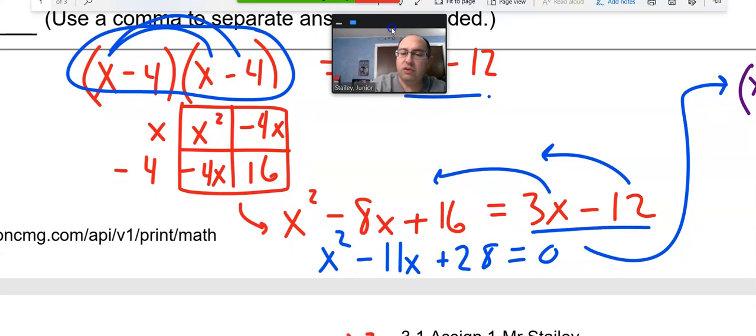Now you're going to notice something right here. I decided I would move these other two things back to the other side. Back in our quadratics chapter, we did these kind of solving problems where we pushed everything over to the left side. We couldn't just put the x squared on one side and put the other things on the other and take a square root. That only happens if you do not have a linear term.